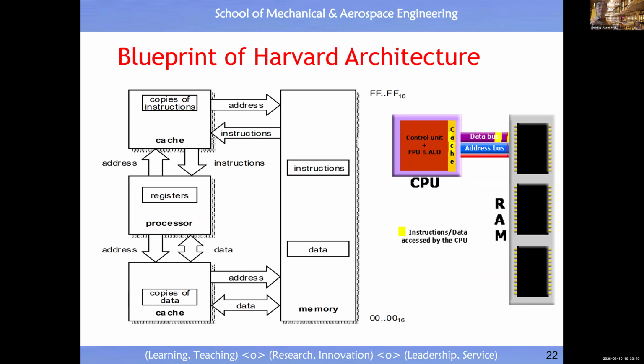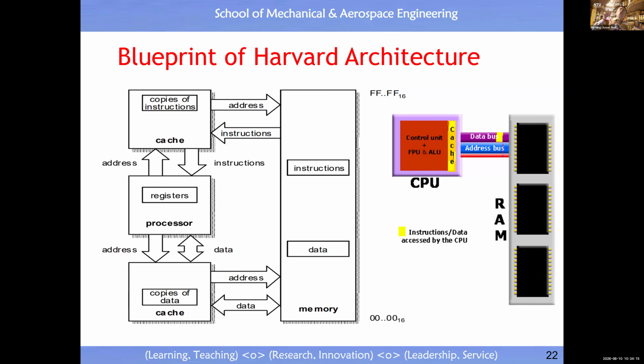And this is a blueprint of the architecture invented by von Neumann. From here, you see we have the ALU, the computational unit, and the storage unit, and they are separated. For the Harvard architecture, you just do a little bit of improvement.